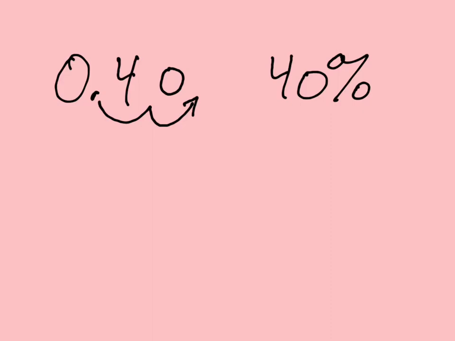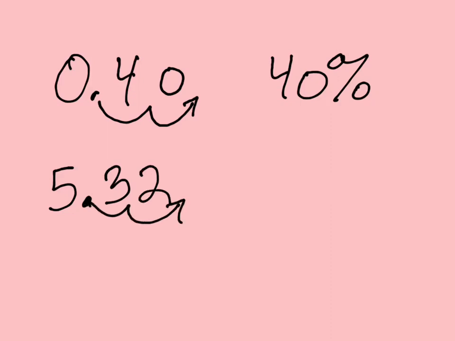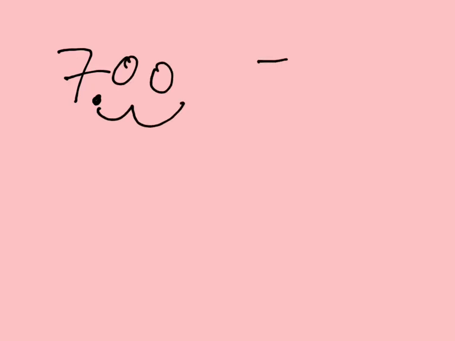And if I had a whole number part of it, say 5.32, then 2 places to the right gives me 532%. And if I had just a whole number, then the decimal point is hidden right there, and I move 2 to the right. I need to append 2 zeros, so that gives me 700%.